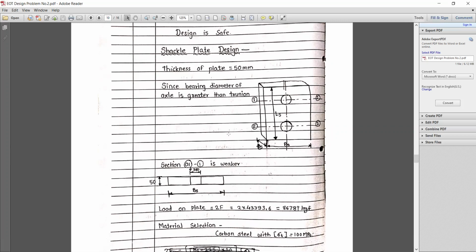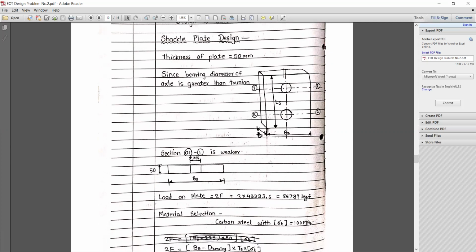Okay, so the whole crosspiece assembly is going to be mounted in between these two shackle plates. We have considered the thickness of shackle plates as 50 mm, so that it can easily withstand the load.